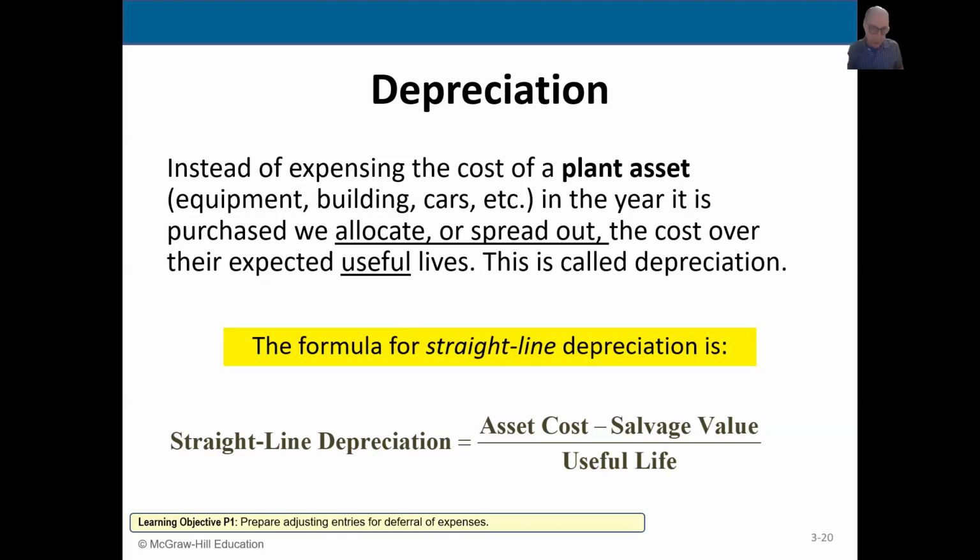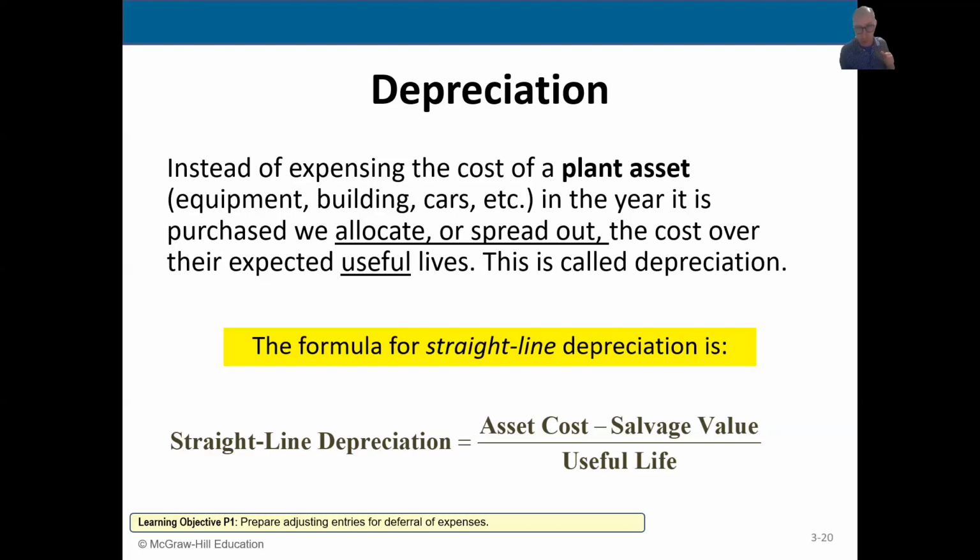So, the way we calculate depreciation is based off of the formula that we use. The most commonly used formula for depreciation is called straight line depreciation. And it works like this. We take the cost of the asset, this is usually the purchase price of the asset, the total cost to you when you bought the asset.